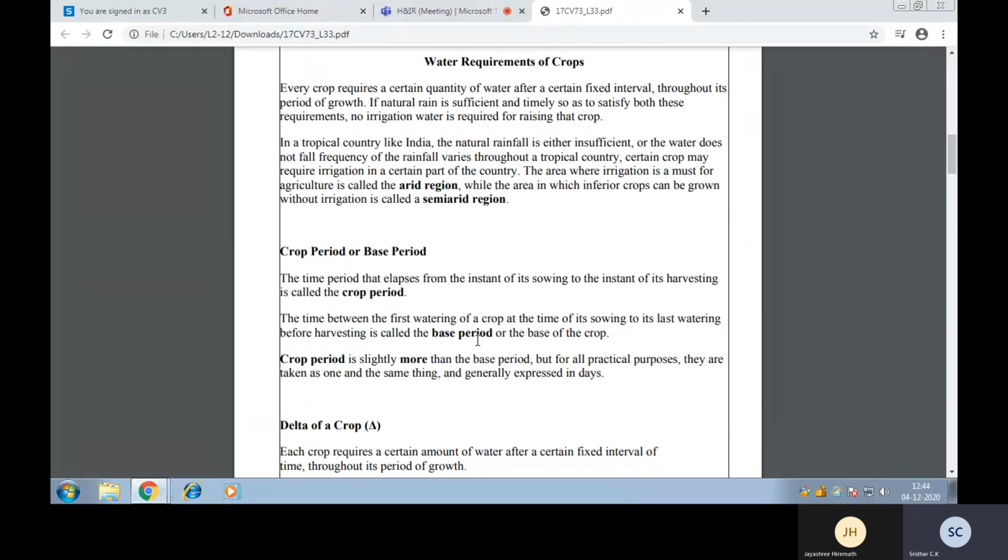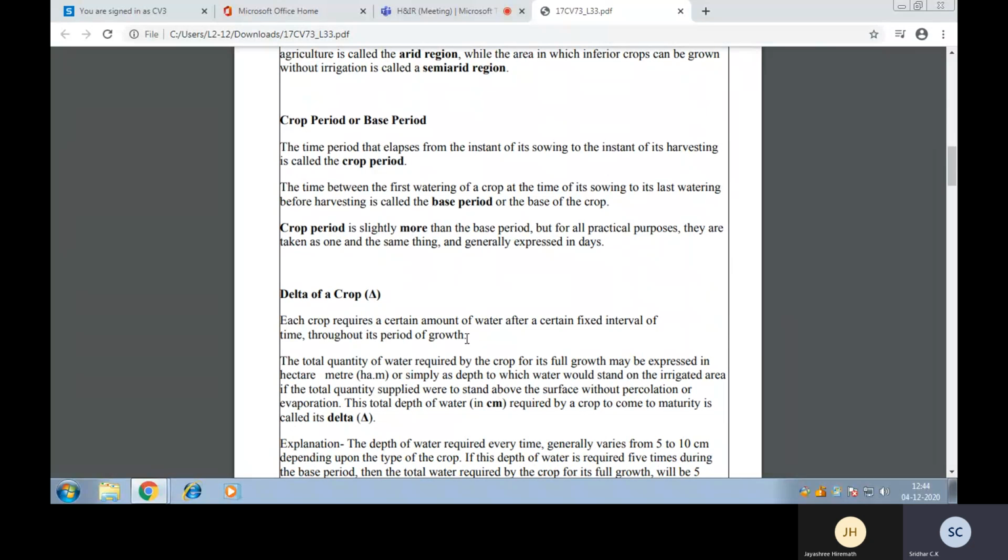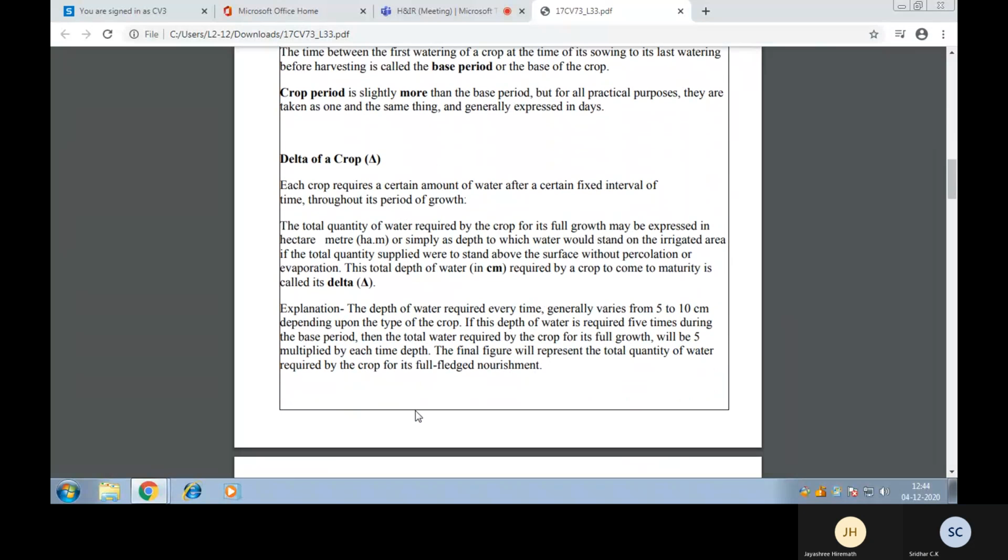So we call it the base period. The crop development happens in a certain period, varying from 3 months to 6 months, and this period we call either base period or crop period. Technically, both are considered the same.